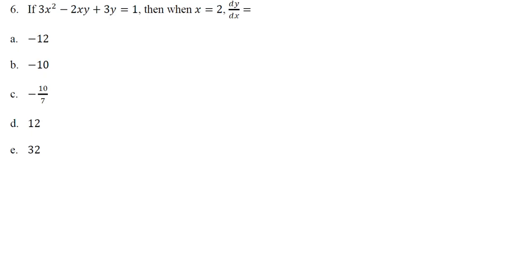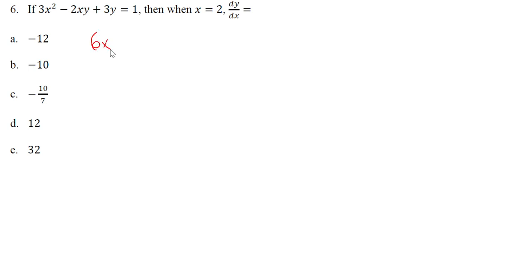For our next one here, we are asked to evaluate the derivative of this implicitly defined equation when x is equal to 2. Which means we're going to have to do implicit differentiation. So first off, the derivative of 3x squared is 6x.